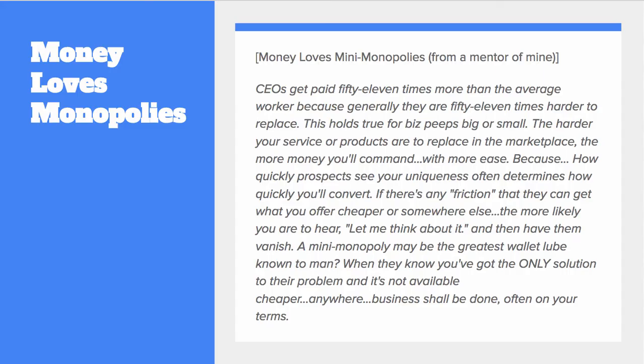So number 1, here's a little breakdown from a mentor of mine, and I'm going to read it to you very quickly. He says, CEOs get paid 11 times more than the average worker because generally they are 11 times harder to replace. This holds true for biz peeps, big or small. The harder your service or products are to replace in the marketplace, the more money you'll command with more ease.